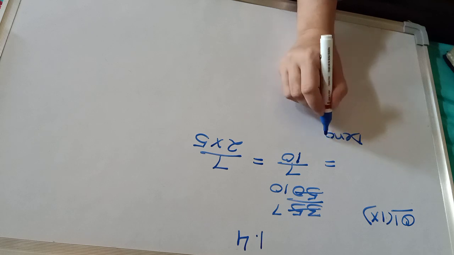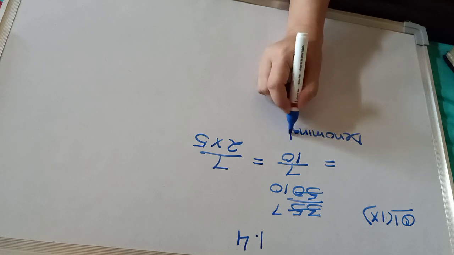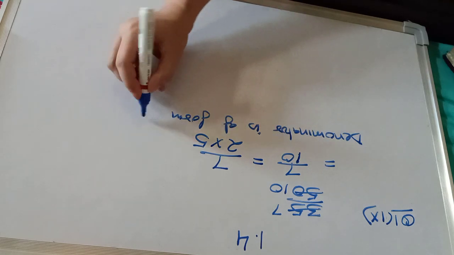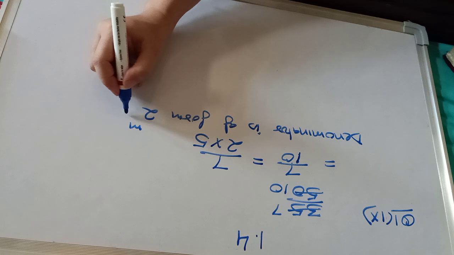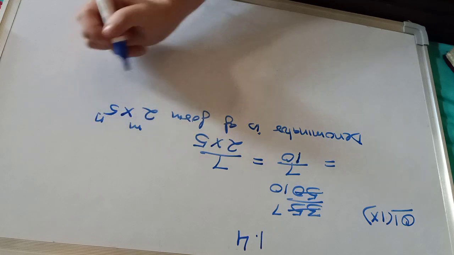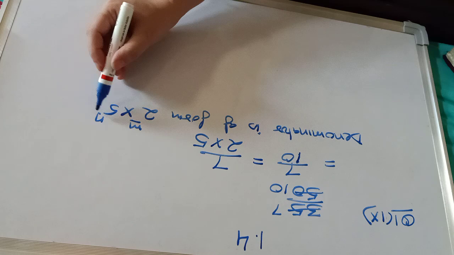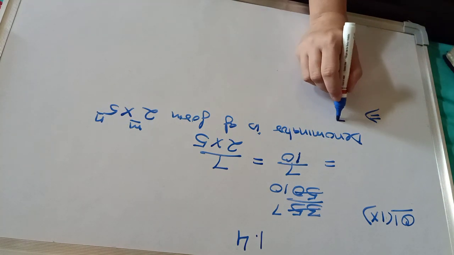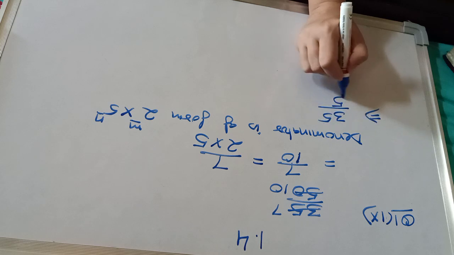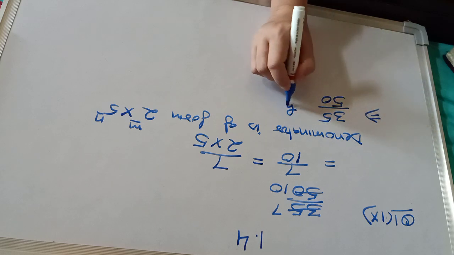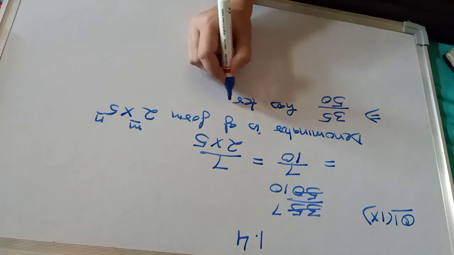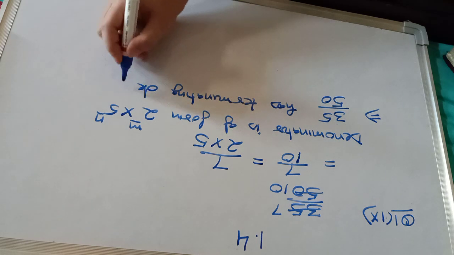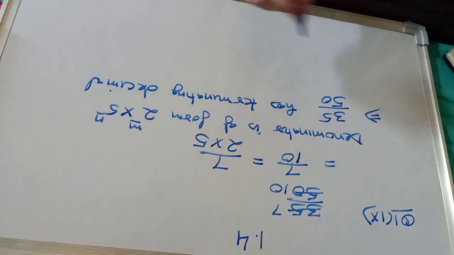Means the denominator is of the form 2 raised to power m and 5 raised to power n. Means here m is 1 as well as n is 1. So it means 35 by 50 has terminating decimal expansion.